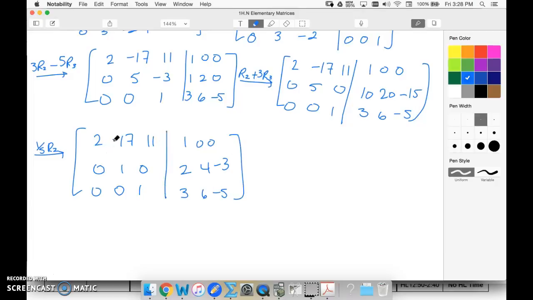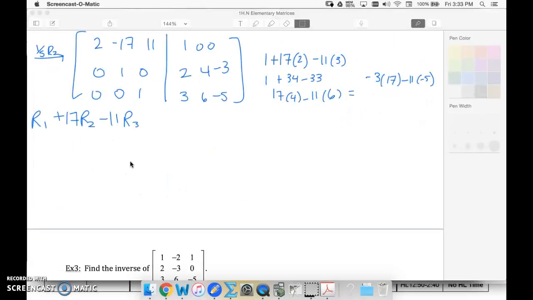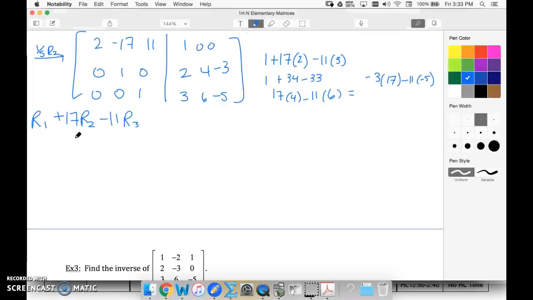So I want to get rid of my 17, get rid of my 11. So what I'm going to do is row 1 plus 17 row 2 minus 11 row 3. So that's going to give me 2, 0, 0, 0, 1, 0, 0, 0, 1. And now I want to be really careful with my math here.